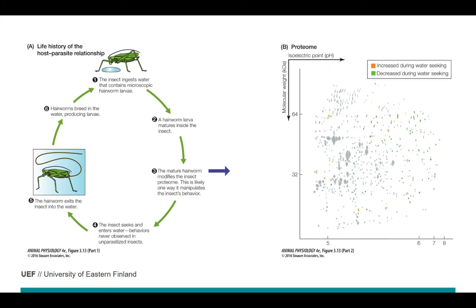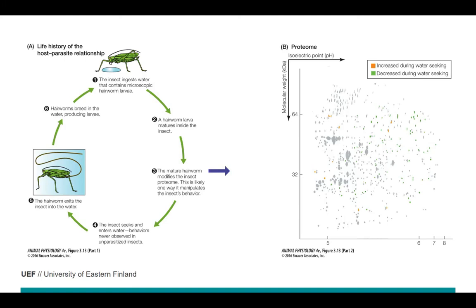And over here, it's actually several of these two-dimensional gels overlaid to see that some are increased during the water seeking and some are decreased. And actually, you can see that there are not so many dots in orange or green. So not so many proteins are affected by this parasite.